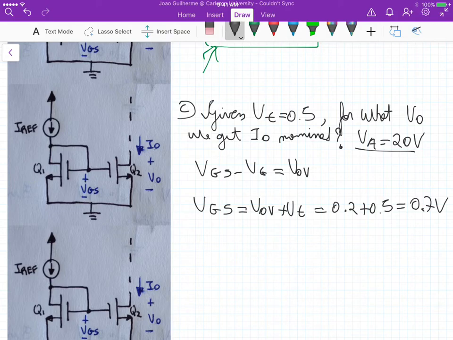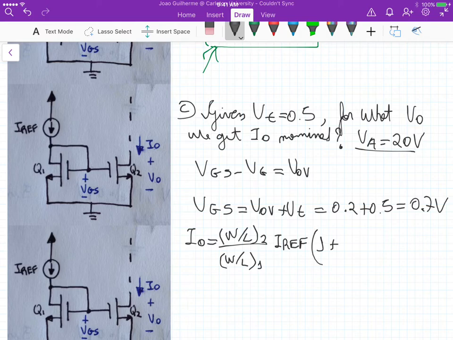Let me first give you the equation. I naught equals the ratio, I'll call W over L 2 divided by W over L 1, times the reference current, times 1 plus V out minus VGS divided by VA.